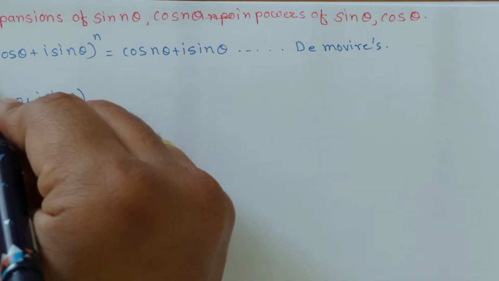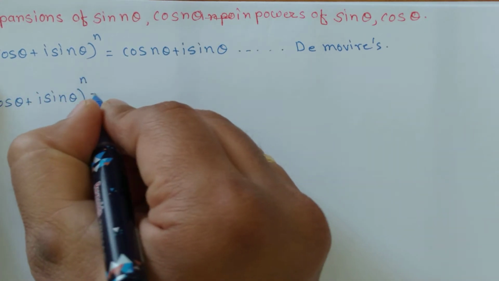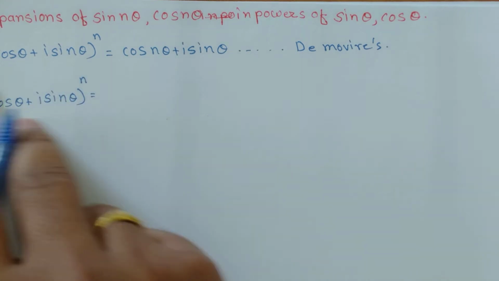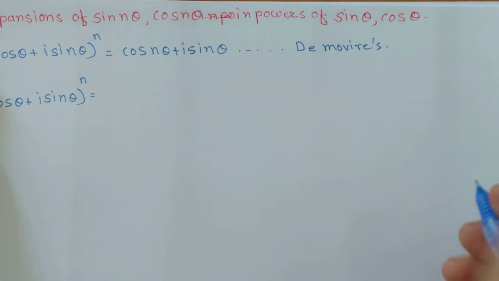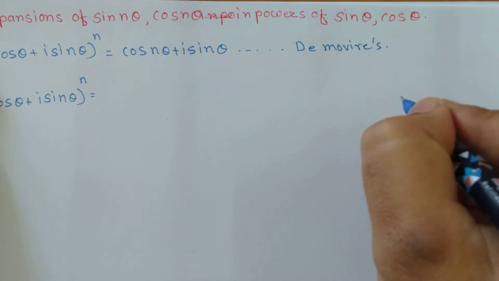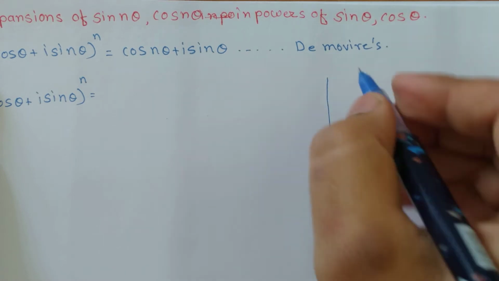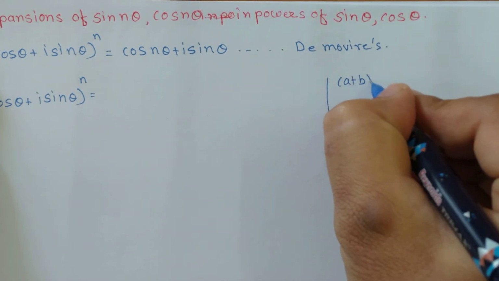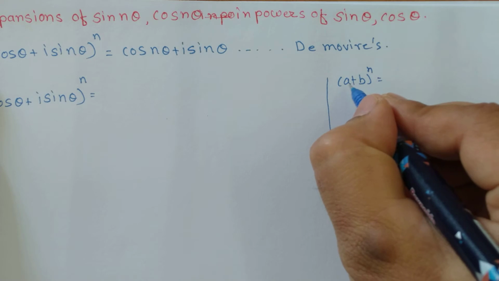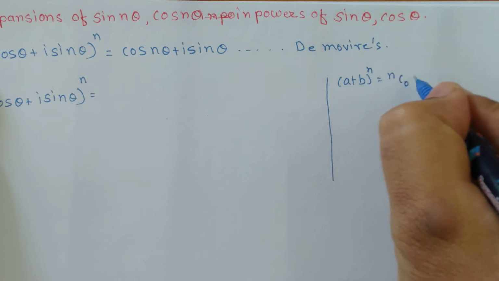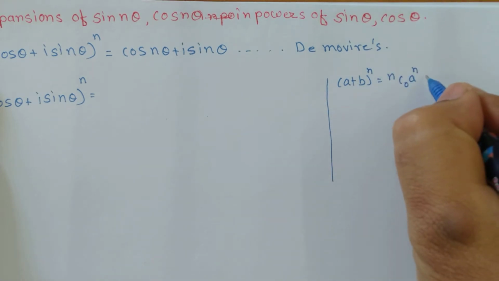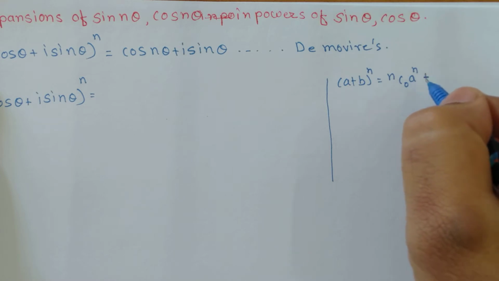(cos theta plus i sin theta) raised to n. So what will be the expansion of this by using the binomial theorem? See, the binomial theorem is, I'll just write it here, (a plus b) raised to n is n choose 0, a raised to n, b raised to 0, which is 1, we are not going to mention it here.